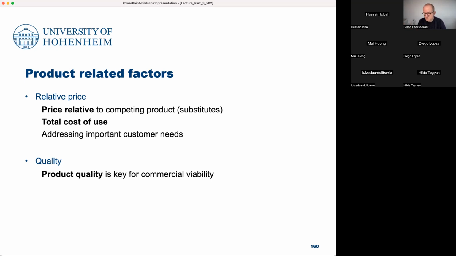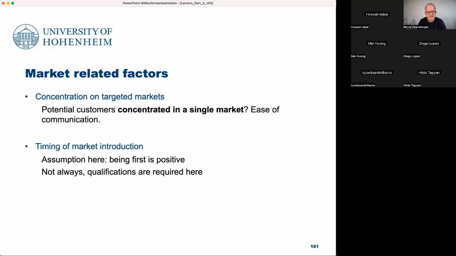The total cost of use of this product is important, and of course, addressing important customer needs is important for making it a commercial success. Product quality, I mean, this is sort of obvious. So here the product related factors are, I would say, sort of obvious. We are not very surprised to see this here.